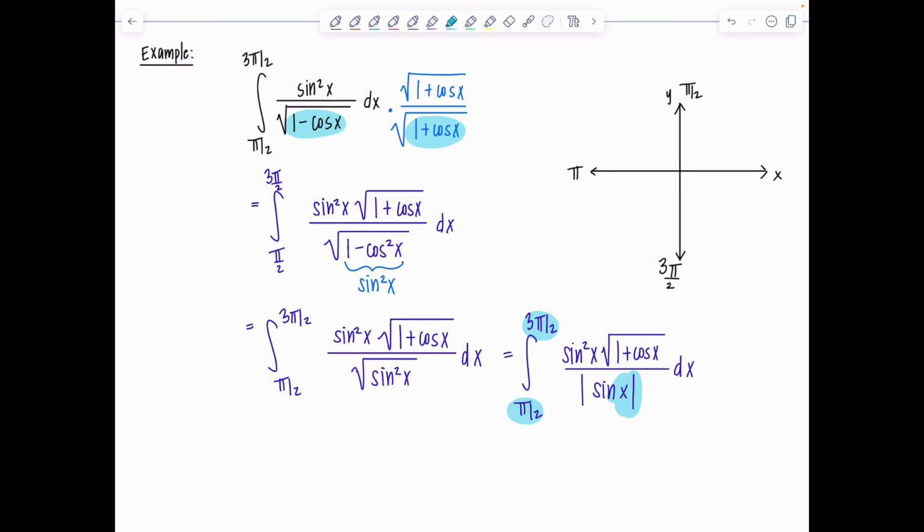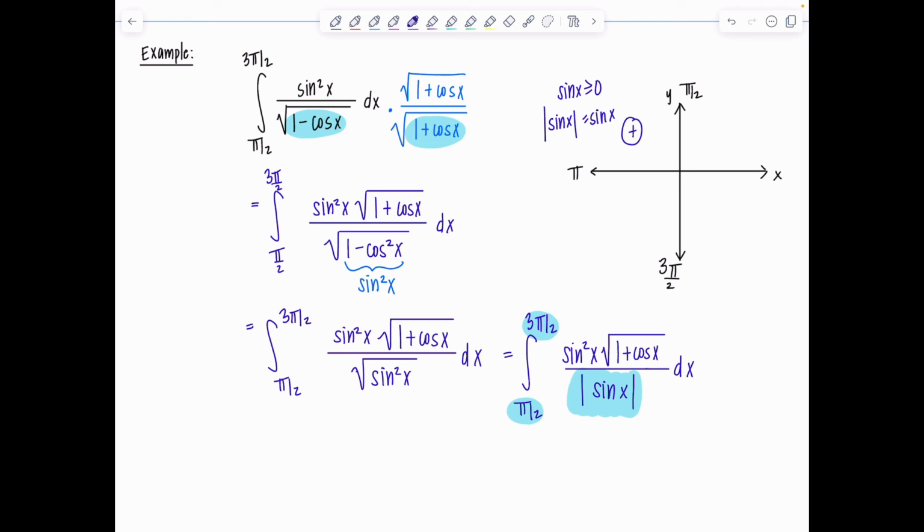Absolute value of sine x is just going to be sine x wherever sine's already positive. So it's already positive here in quadrant 2 because the y values are positive. So over here, since sine x is already greater than or equal to 0, absolute value of sine x equals just sine x.